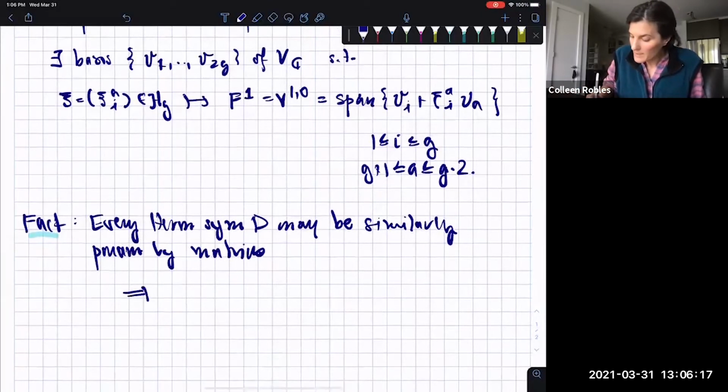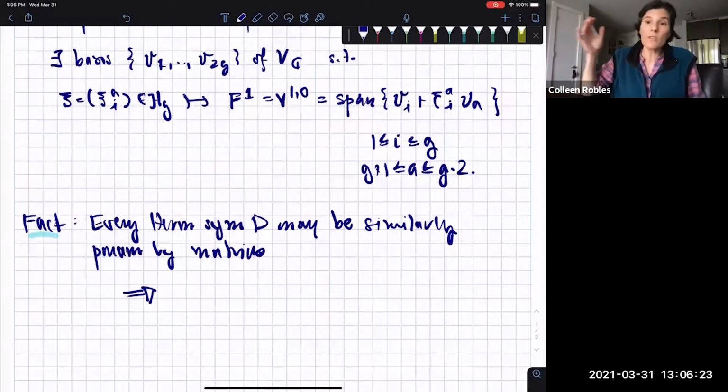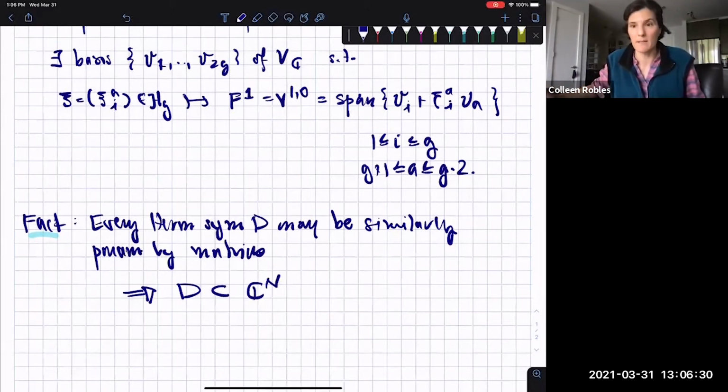And the way to think about that is that if I can parameterize my Hermitian symmetric domain by matrices, then using the coordinates of those matrices, I can think of D as sitting inside some complex affine space. So I have lots of functions on D. I just take the coordinate functions. And this embedding here is not unique, and that's been important in applications.